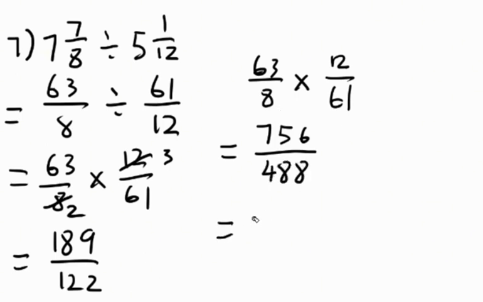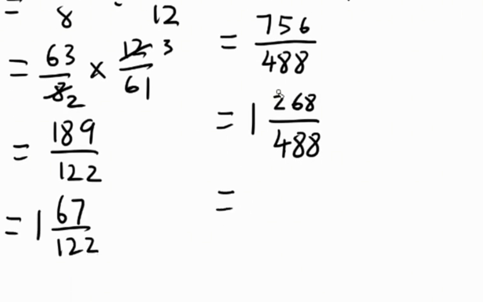And when converted to a mixed fraction, it will be 1 and 268 over 488. And when we simplify, we can divide both of these by 4. So this will be 1 and 67 over 122. And that is our final answer.